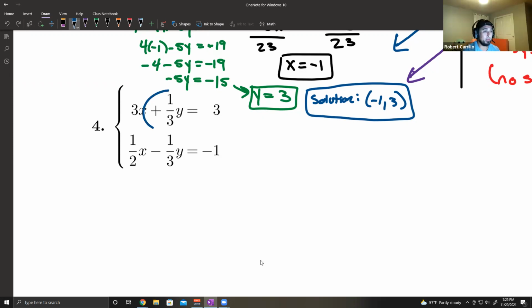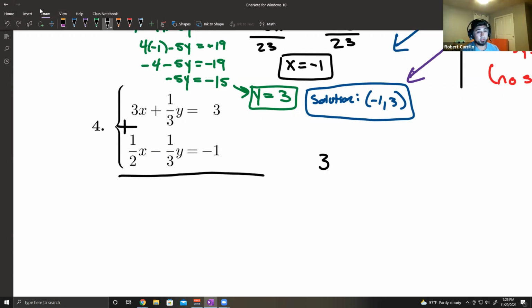So we see we have a positive 1/3 and a negative 1/3. So this is already set up for us to eliminate. So it's perfect. We don't have to do much for this one. So this one, we can just add it from the start. And now the only fraction math we have to do is, well, what is 3x plus 1/2 x?